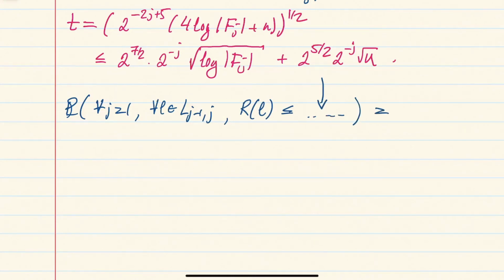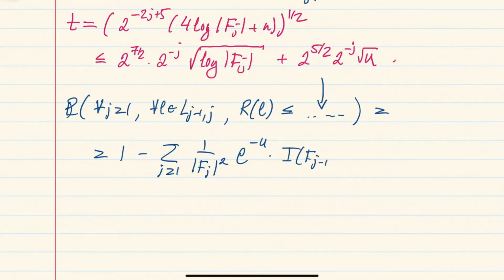But now by the union bound, you have to also sum over j. So this will be the sum over j of the above bound, which was 1 over this cardinality squared times e to the minus u. And here I can also put the indicator that f_{j-1} is not equal to f_j, right?